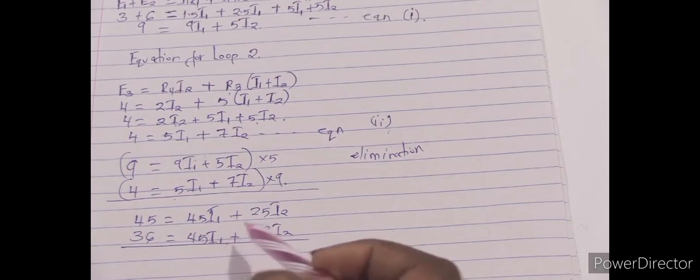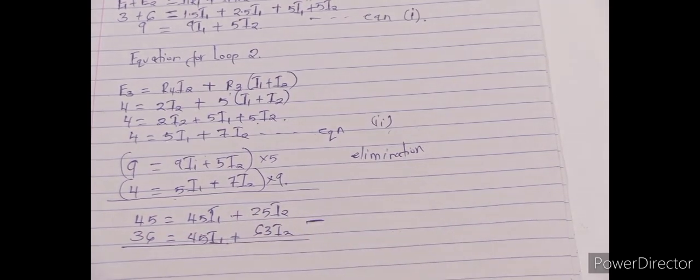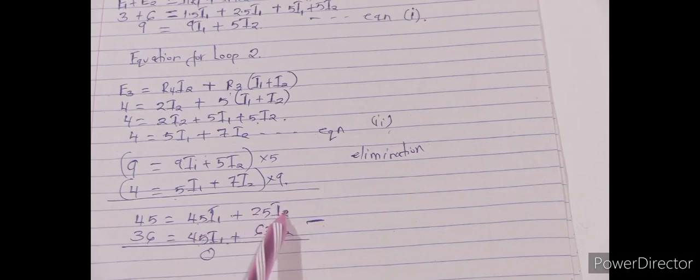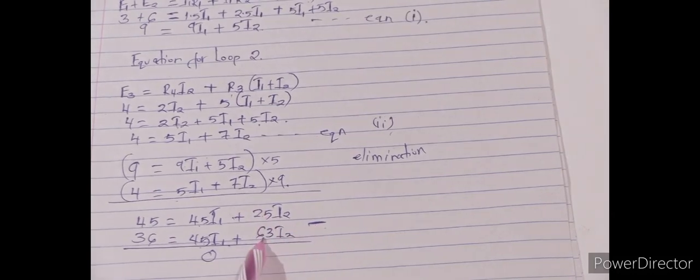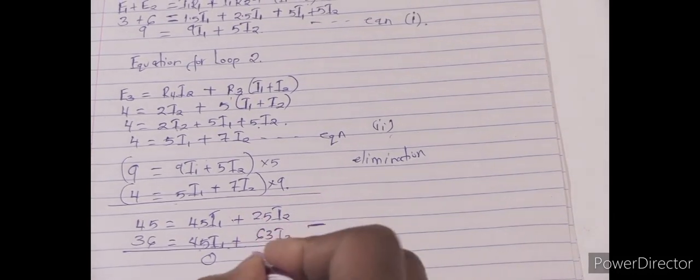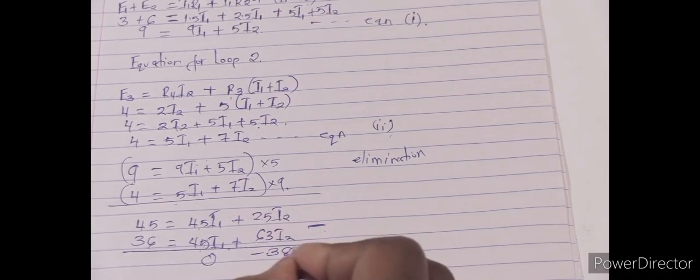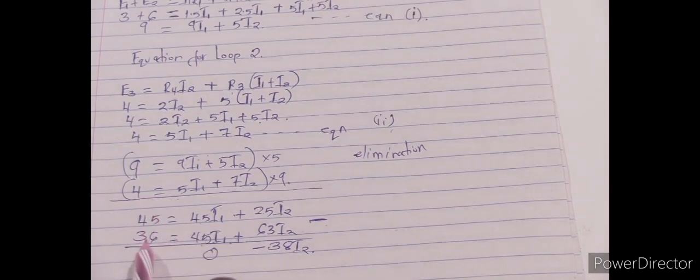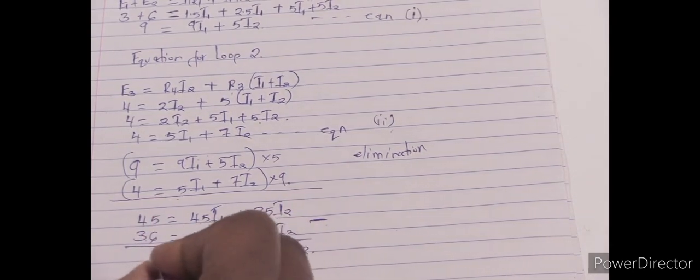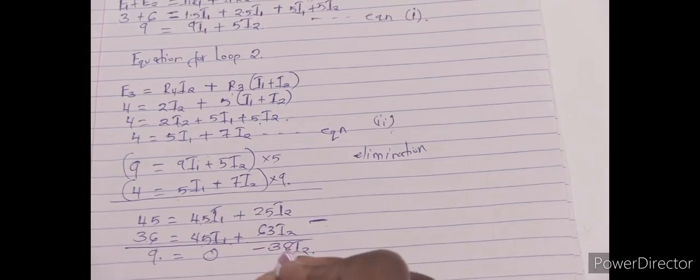It is plus and plus, so we subtract. 45 I1 minus 45 I1, we get 0. 25 I2 minus 63 I2, we get minus 38 I2. 45 minus 36, we get 9.